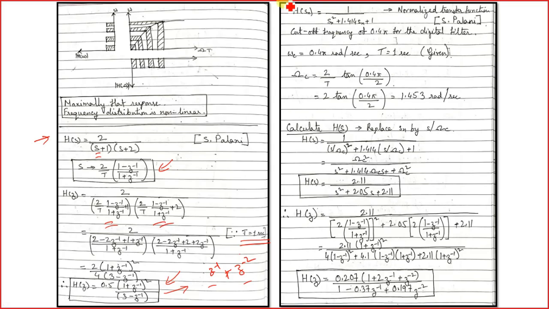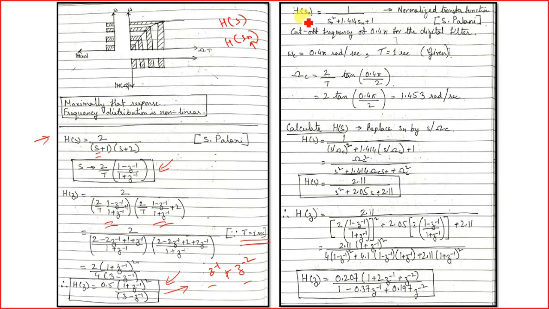Now another type of question you may get is that you are given a normalized transfer function. In a normalized transfer function, instead of H(s), you are given H of Sn. When you have this n subscript, it means that your transfer function is a normalized transfer function.